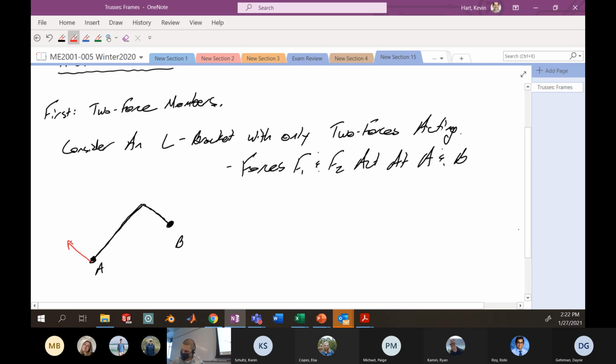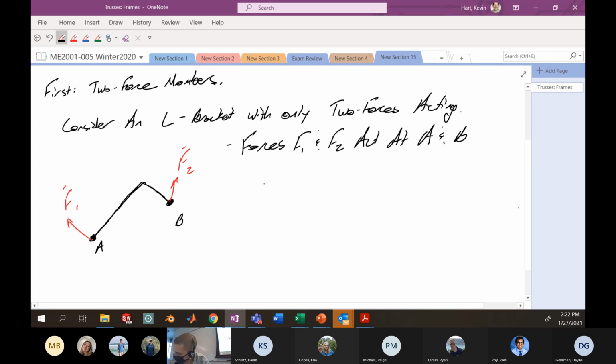So here's F1. And let's say you have some arbitrary F2. Okay. If this structure is in equilibrium, we can make some assumptions about what's happening with those two different forces. Specifically, if you only have two forces acting on a member, then there are some very specific things that you can know and understand about these two forces.